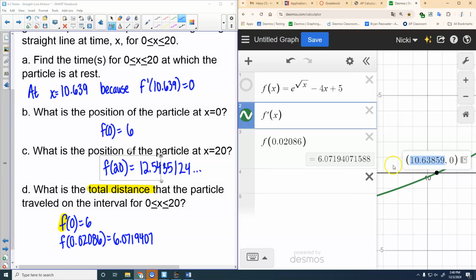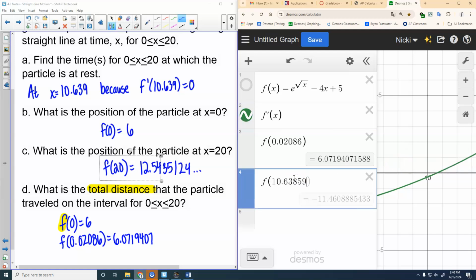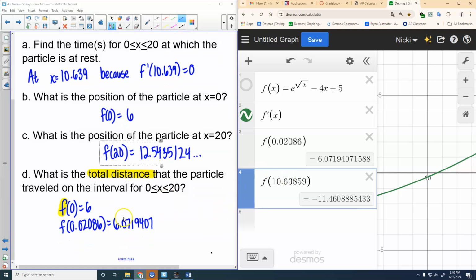So f of that number, at 10 point something minutes, or however long this is, seconds maybe, 6, 3, 8, 5, 9, I get negative 11.460888.